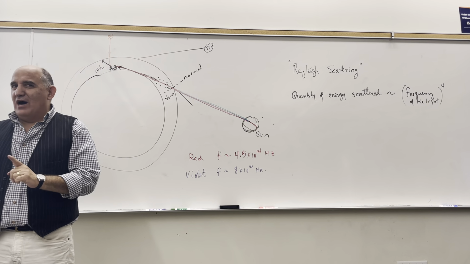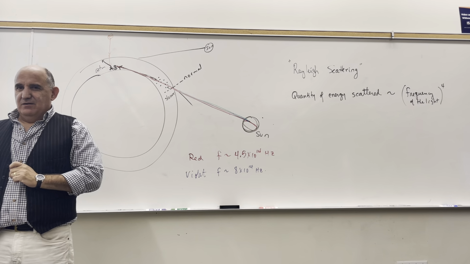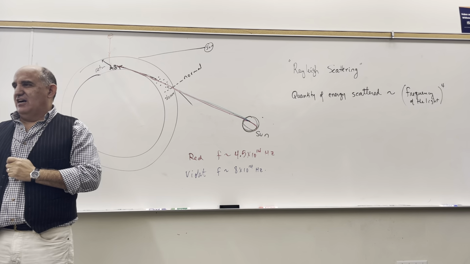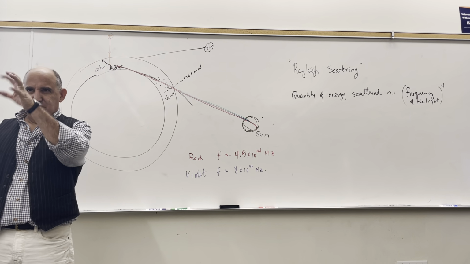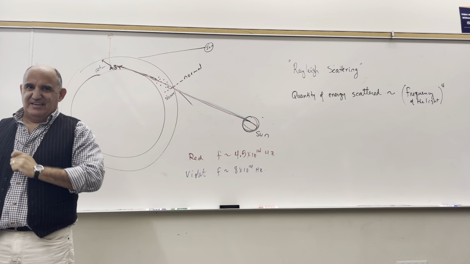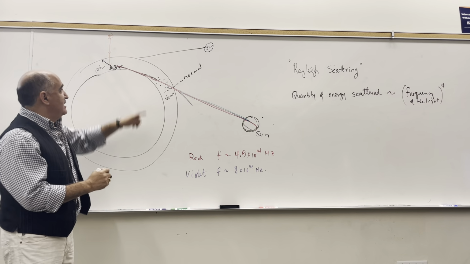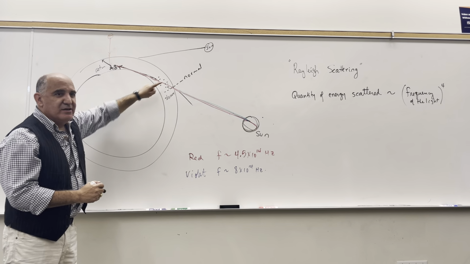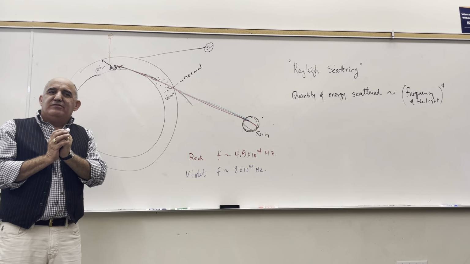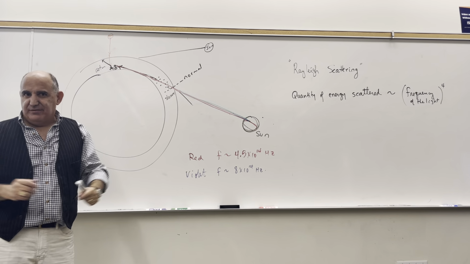But what if you watch a sunset? What is the color of the sun, roughly, during sunset? In that case, you're looking at the sun, looking along this path. So which color will scatter the most out of that path?